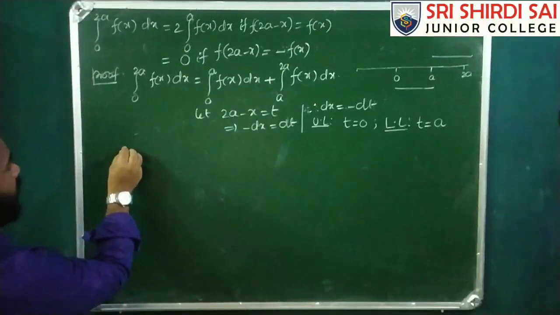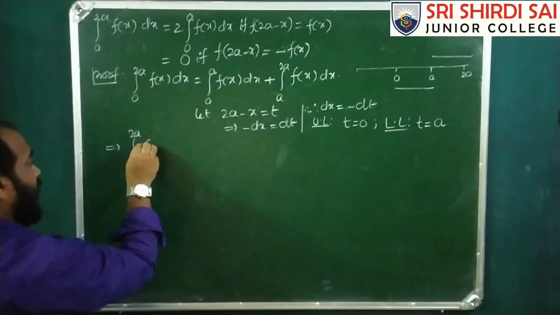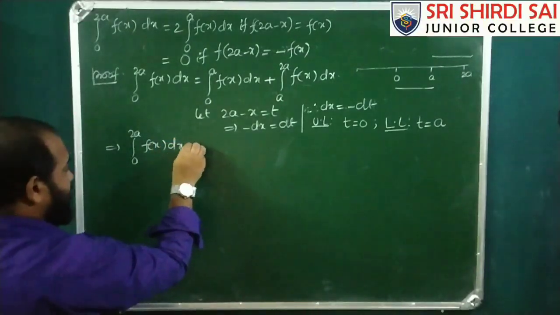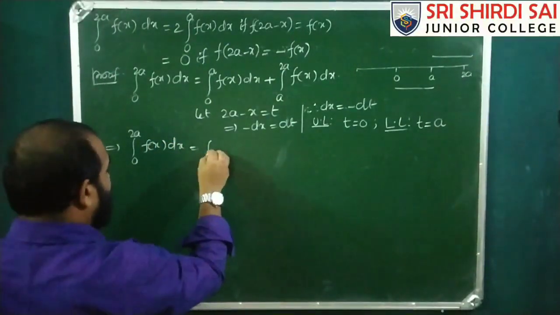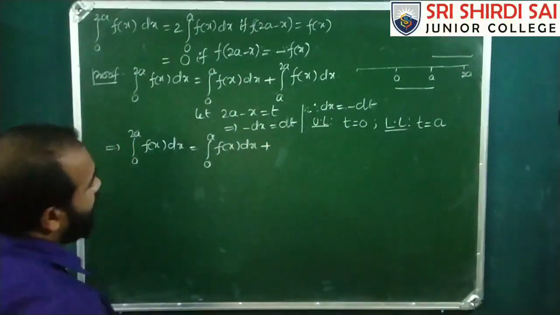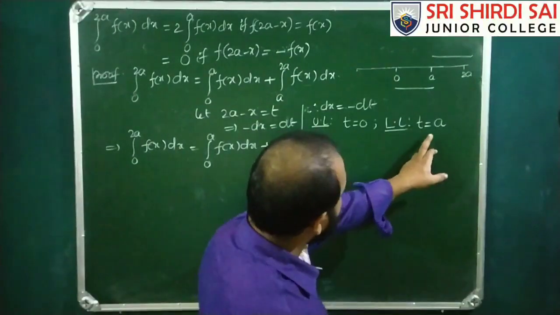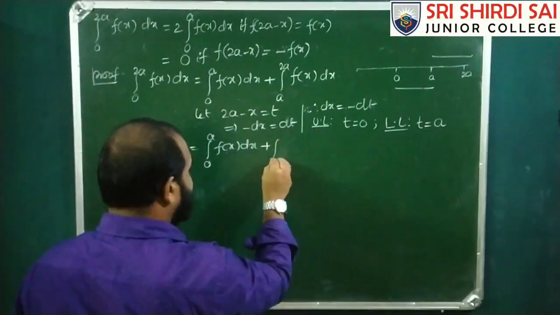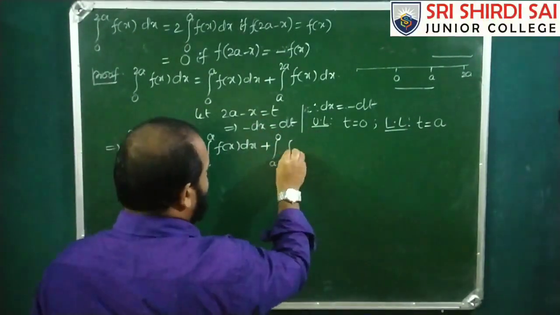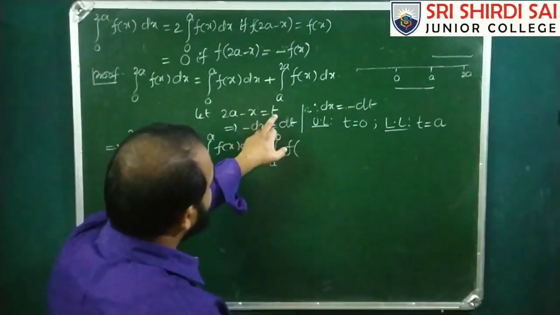Therefore integral 0 to 2a f(x) dx is equal to integral 0 to a f(x) dx plus a to 2a is changed into a to 0 f of. So here 2a minus x equals t.